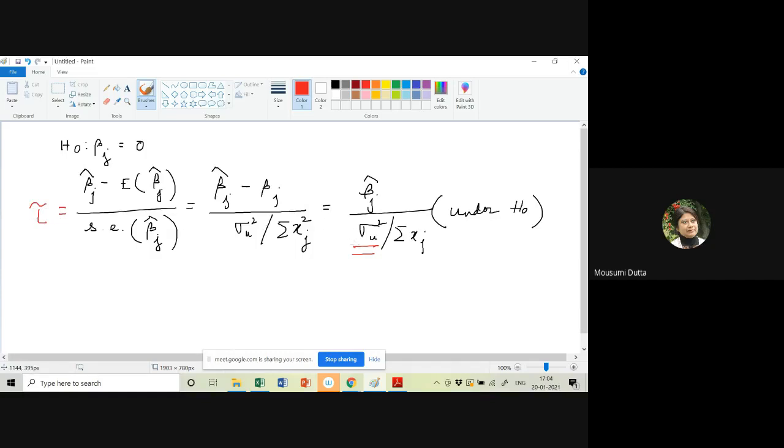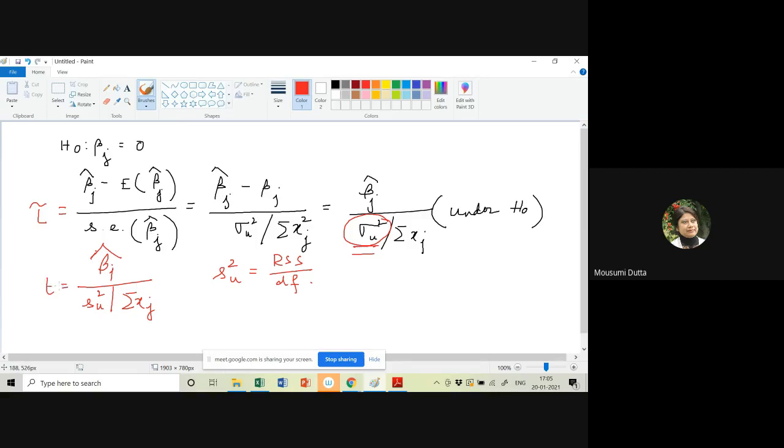However, if I write the definition as beta hat j divided by the standard error with su square, that is, I replace sigma u square by su square, where su square is equal to RSS divided by degrees of freedom, this statistic will change to a t distribution.